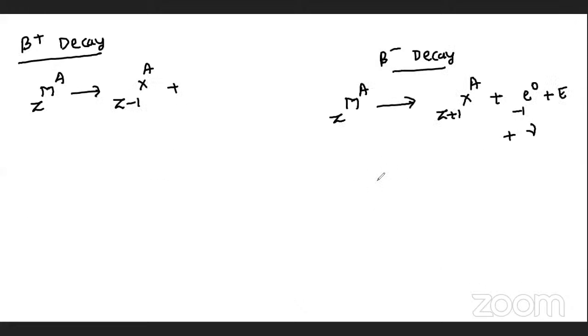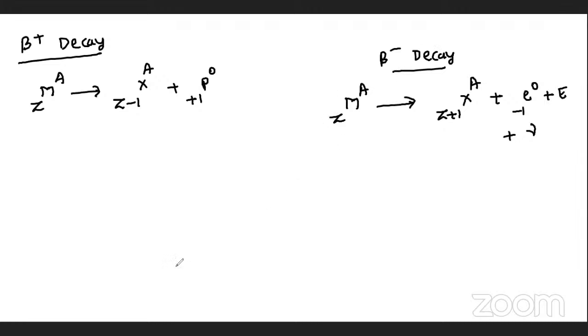In order to balance here plus 1, this must be 0. That is a particle which has a positive charge and mass number 0.